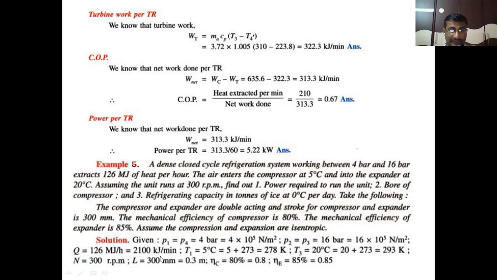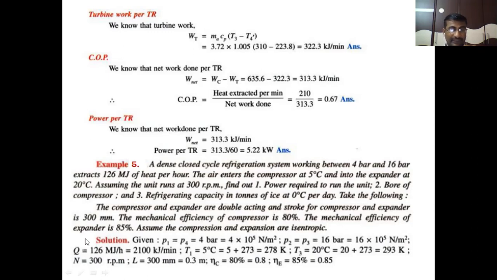Let us write down the given data. P1, the lowest pressure, P1 or P4, is 4 bar, that is 4 into 10 to the power of 5 newtons per meter square. P2 or P3, both equal, is 16 bar, so 16 into 10 to the power of 5 newtons per meter square, because 1 bar equals 10 to the power of 5 newtons per meter square.